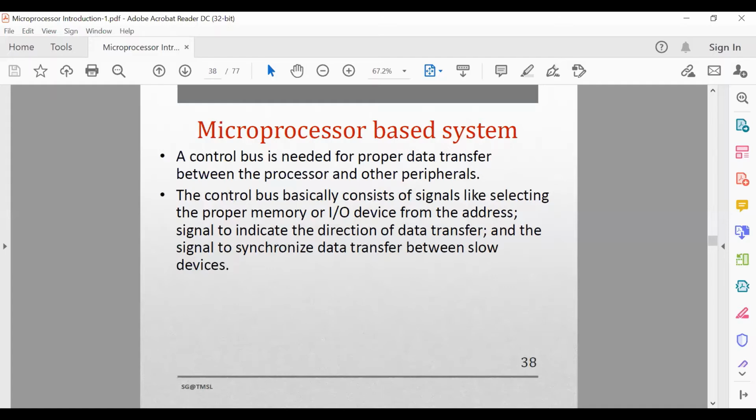Some control signals, such as selection of the correct memory chip, can be generated externally with the help of some logic circuits. The timing of the control signals is very important here. The entire timing of the operation is controlled by the microprocessor in synchronization with the clock signal input, so according to the clock frequency it will be synchronized.